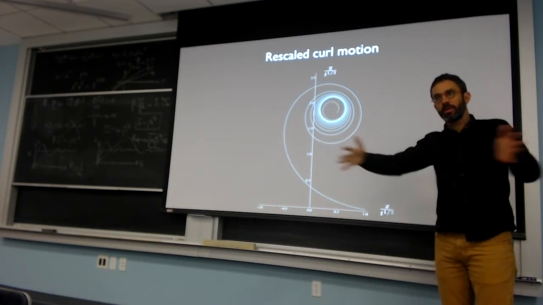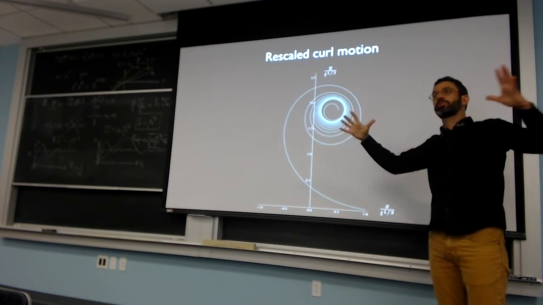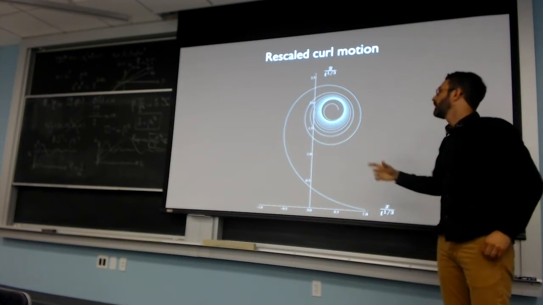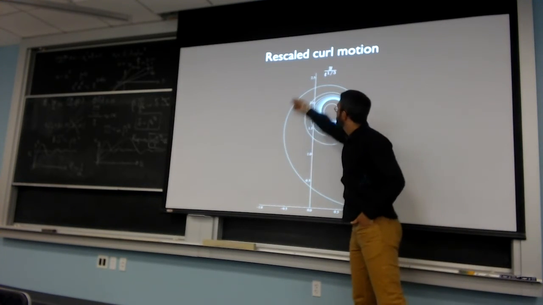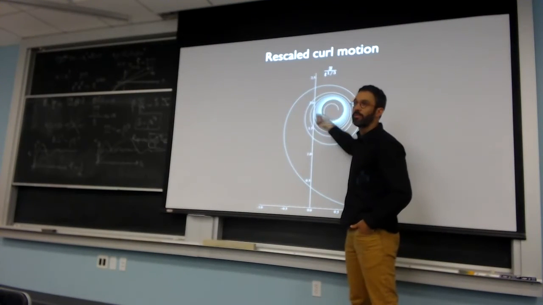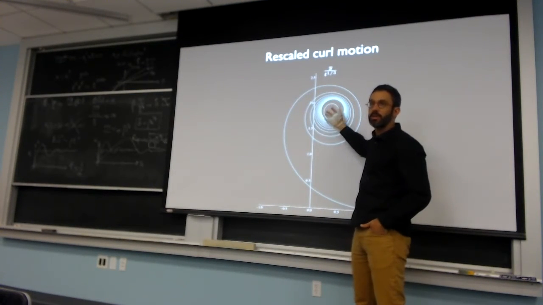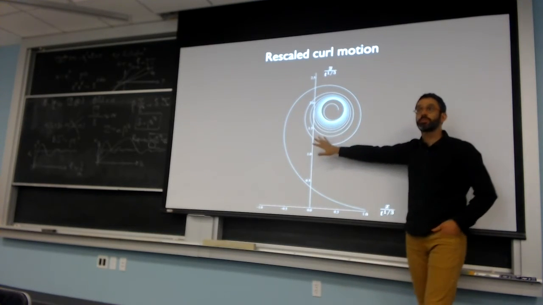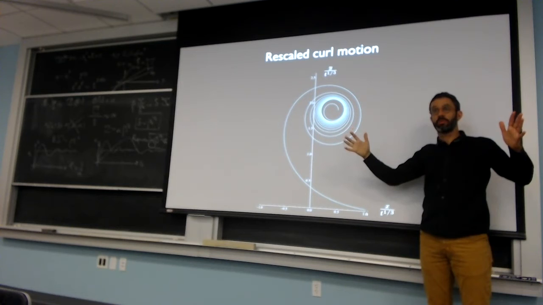So now we are following the curve and also zooming out with this cube root of t behavior. And so what we expect here, and I'm not going to give you the detail, is that this describes a self-similar solution. So the real system is going to stick to this spiral in rescaled variables.